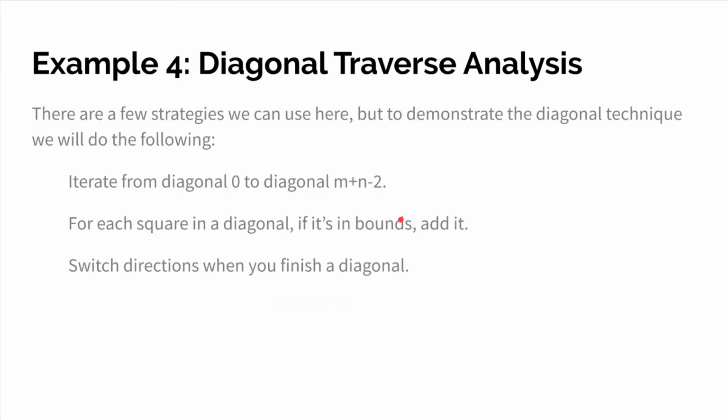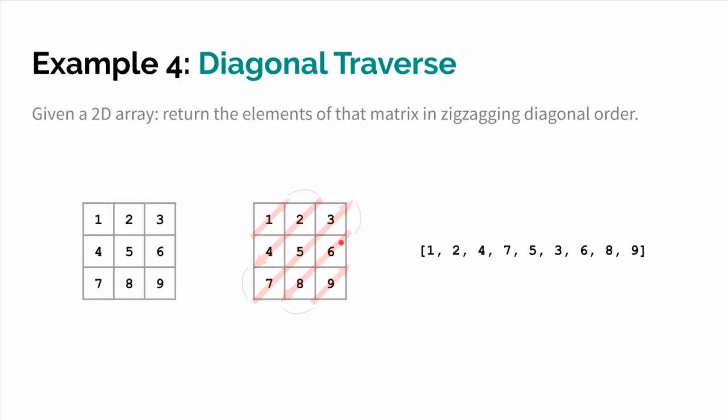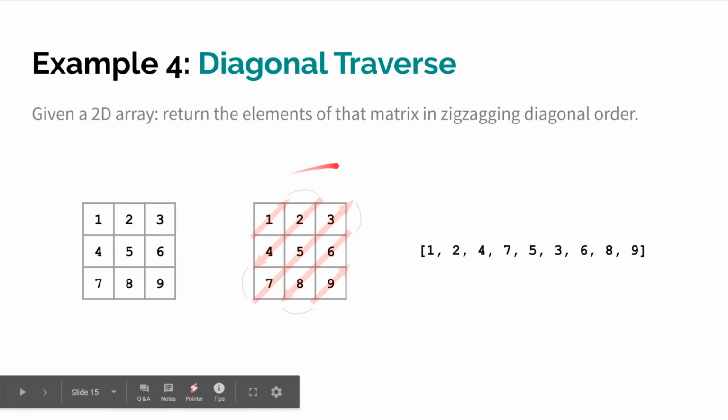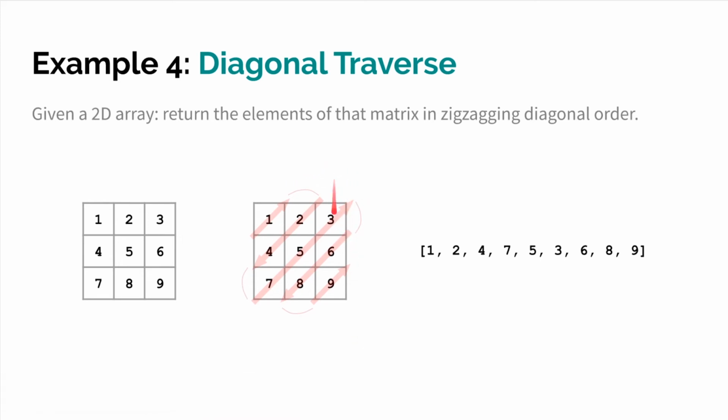So there's definitely more than one strategy we can use here, but in order to demonstrate this diagonal technique, we're just going to do the following. We're going to iterate from diagonal 0 to diagonal m plus n minus 2, right? Because if you think about it, we would have m rows, so the last one would have index m minus 1.